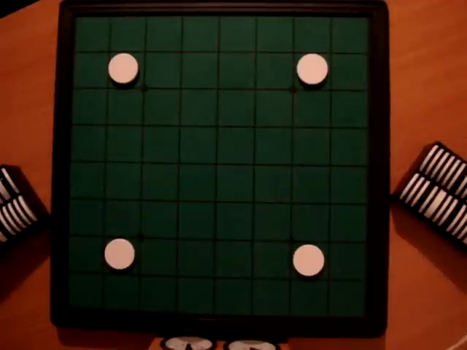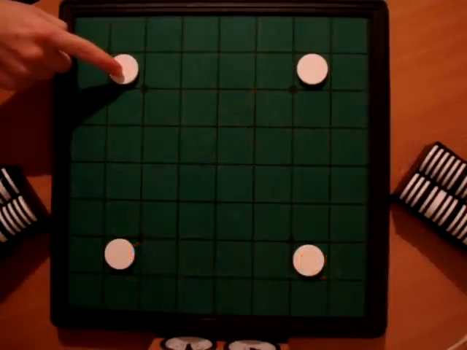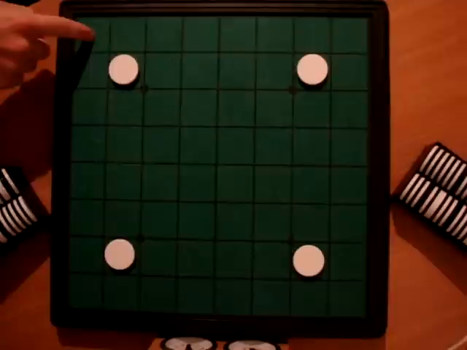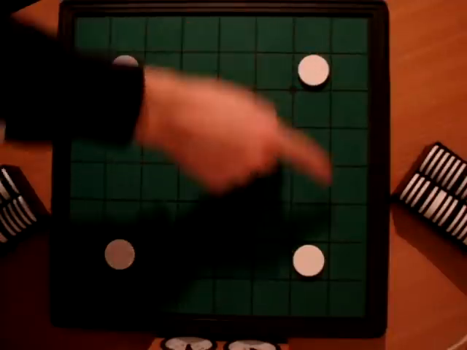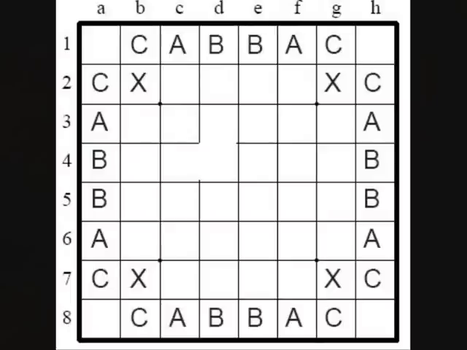Finally, and most importantly, the last set are known as the X squares. These are the four squares that lie one diagonally in from each corner, so that is B2, G2, G7 and B7. All these squares, but particularly the X squares, form an important part of Othello's strategy, which we can now focus on.